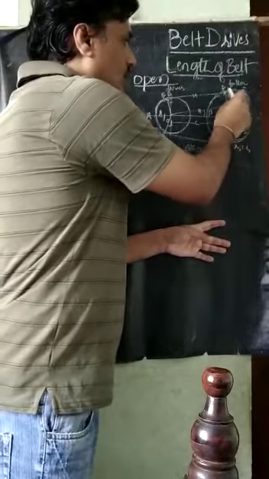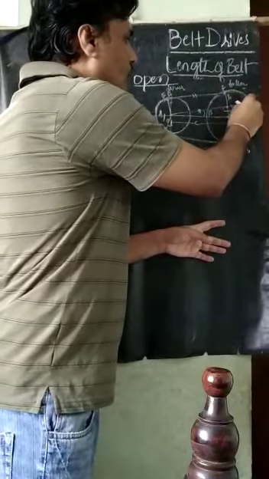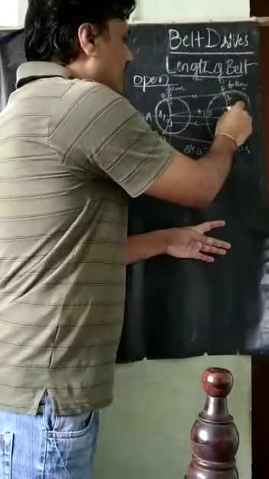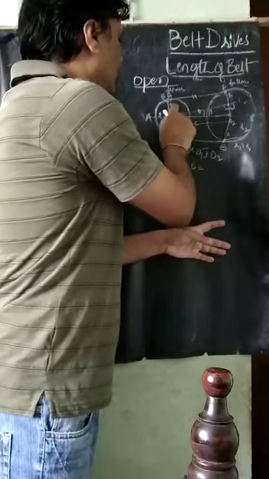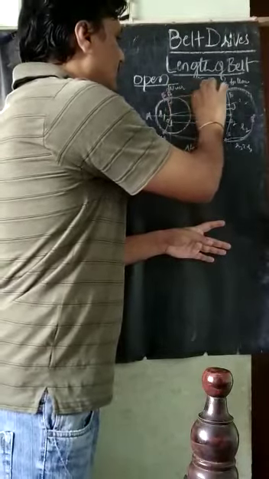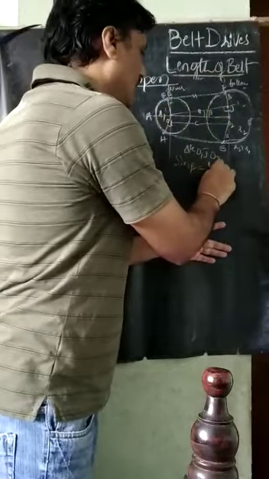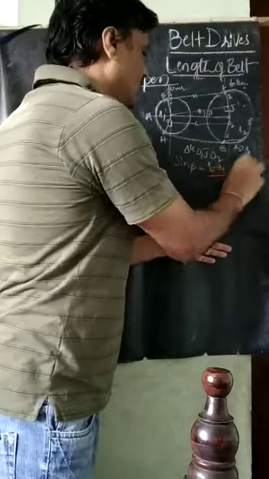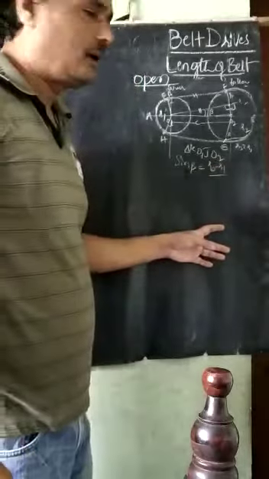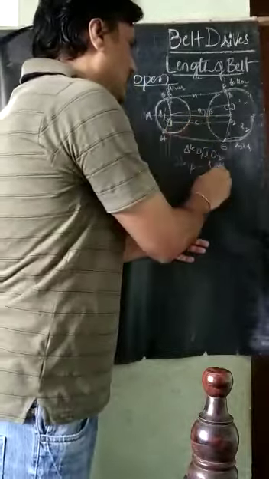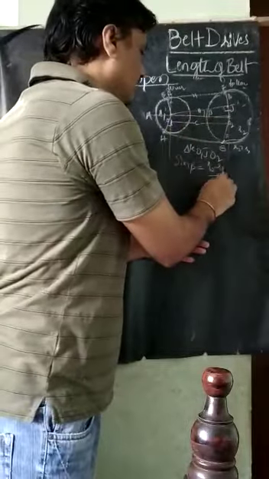The opposite side is O2J. The total length is R2, and FJ is R1, so the opposite is R2 minus R1. The hypotenuse O1O2 is C. So sine beta is equal to R2 minus R1 divided by C.